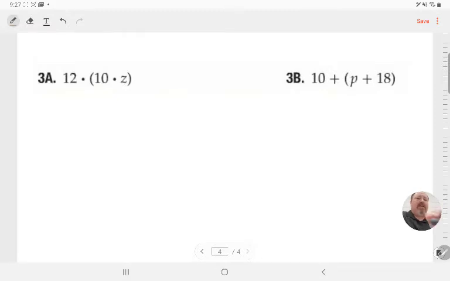So on 3A, what we could do is we could regroup. So we could group 12 times 10, times z. And if we did that, we are using the associative property of multiplication.